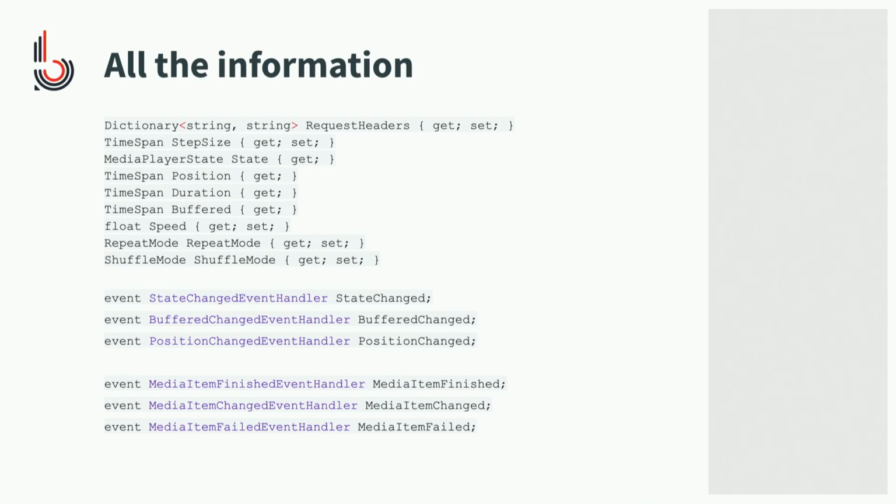So as I said, there's information available on the media file, and there's also information available about the player itself. So if you're playing, you will see that properties will be automatically updated with the state, with the position, how much is buffered, how long the track is, the duration.